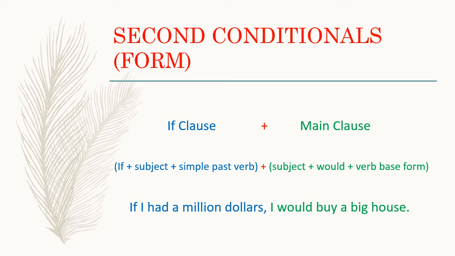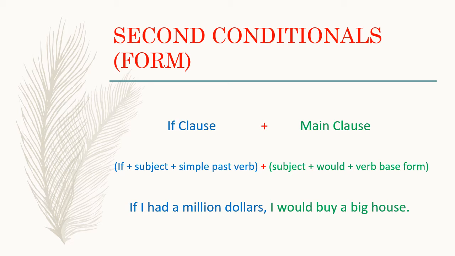So, for the second conditional, please take note of this pattern. The if clause of the second conditional is if plus subject plus simple past verb. Okay? Please take note of that pattern. For the main clause, we have subject plus would, or could, plus verb in the base form.